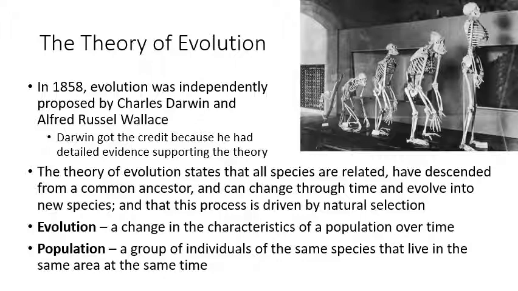And in 1858, Alfred Russel Wallace, who had also had the idea for evolution but didn't have evidence for it, wrote to Darwin, asking for his advice on whether he should publish it.